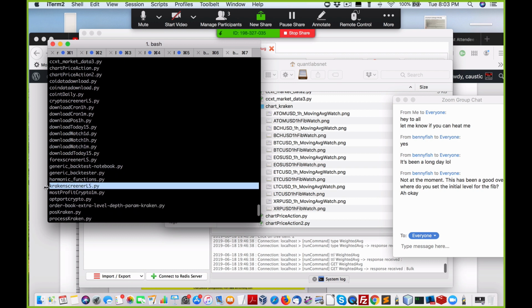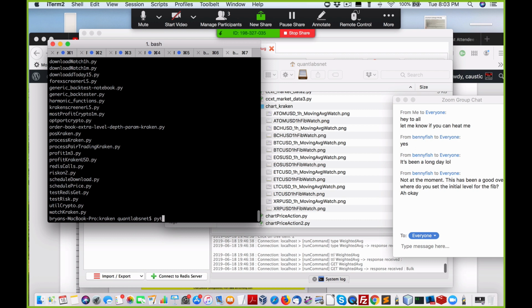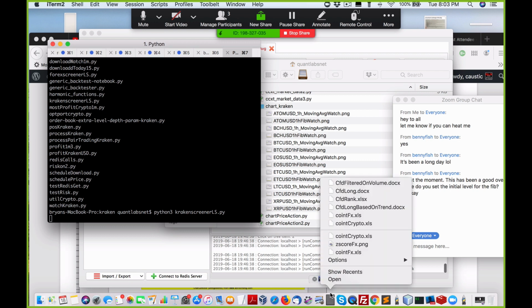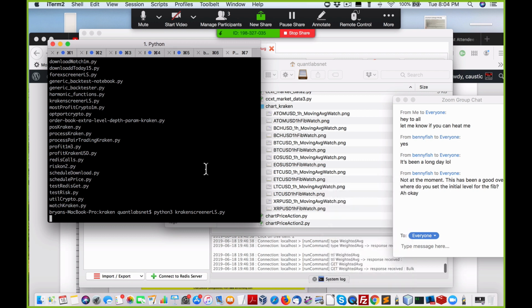Kraken Screener, this one right here. So if I run that, what this does, as an example: if I'm showing you Fibonacci levels and I want to know market direction, this script will go out and measure the bid and ask for those pairs. If I know that the asks are more than the bids, I know the price will be driven up.